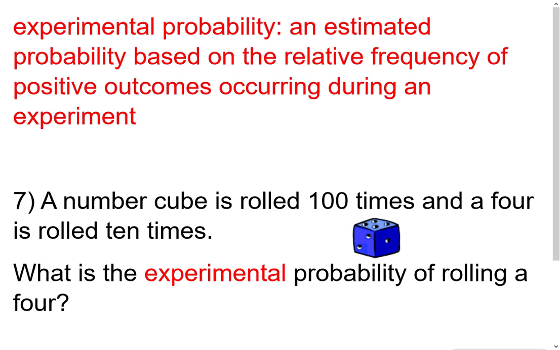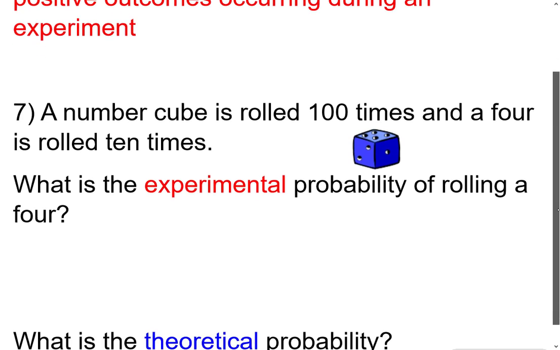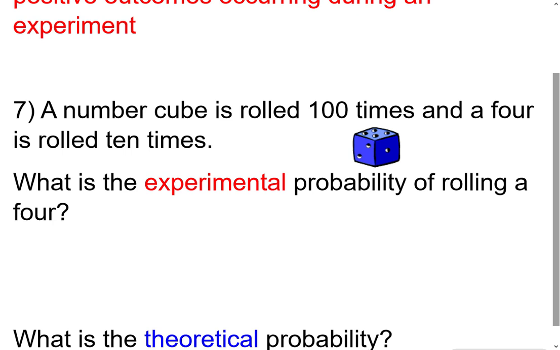So in this one it says a number cube, in other words, a die, is rolled 100 times, and a 4 is rolled 10 times. So we want to know, what is the experimental probability of rolling a 4? In experimental probability, we just use the numbers involved. So the probability of rolling a 4: I look at how many times a 4 got rolled.